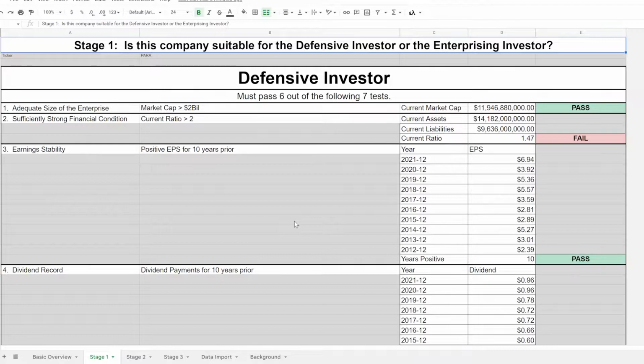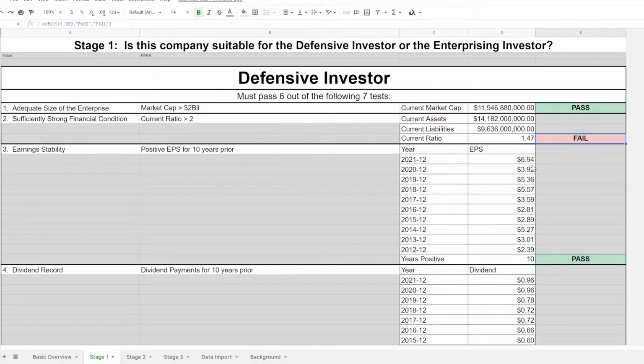So they have a really high threshold for whether or not they will look at the company further. First, they require that the market cap be over $2 billion. It passes that test. It does not pass the current ratio test. Current ratio for PARA is 1.47, but the defensive investor requires 2, and so it fails there.